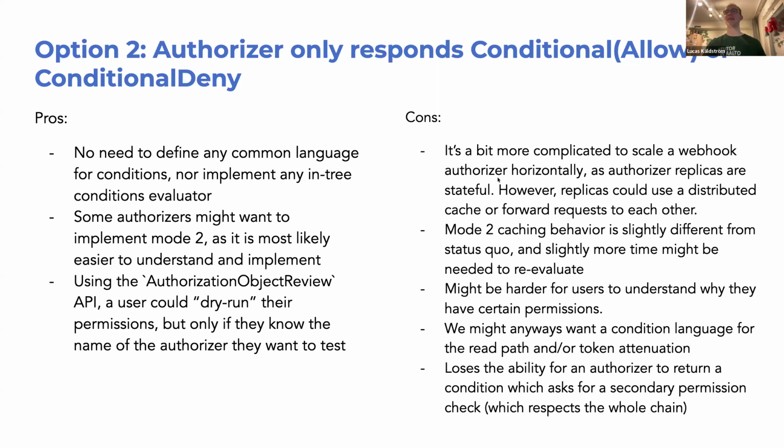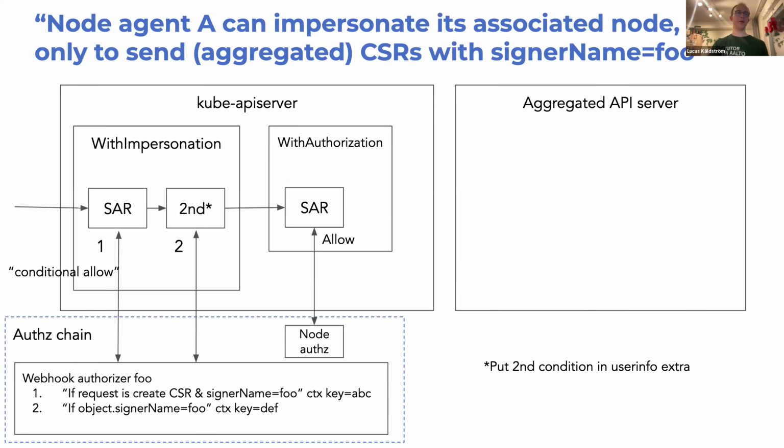If you're not passing concrete conditions, you might have to cache. If you have a set of authorizers and multiple replicas, and only one of them has this in memory, object signer name foo is the residual that we still need to enforce with a context key DEF.